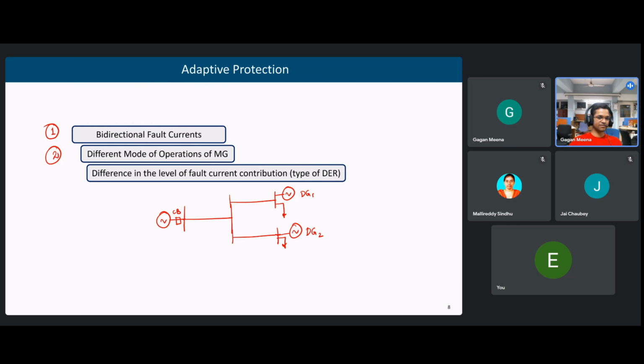There are two cases. One is when this is connected, the grid connected mode, and second is the islanding mode. In both cases, if there is a fault here, F2, in the grid connected mode there will be 3 fault current contributions. But if islanding mode is there, this will not be there. So there will be a change in fault currents.